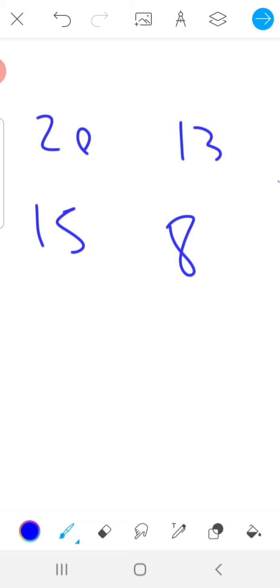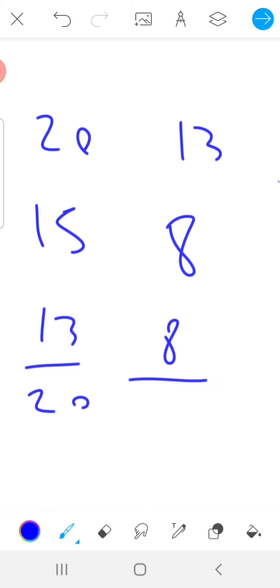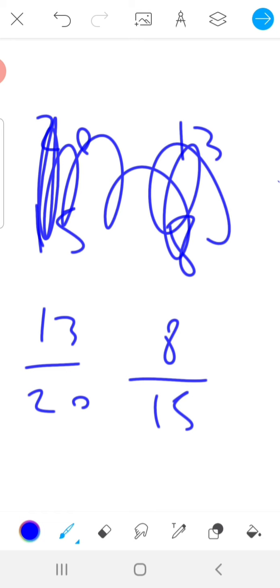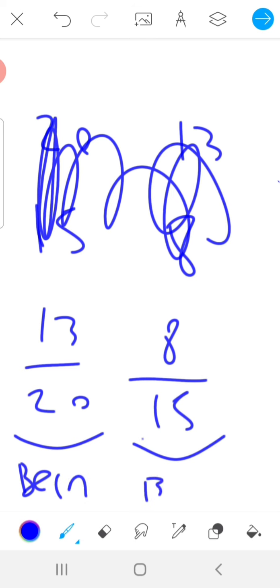And how we can get this is basically just dividing them. So we can do 13 divided by 20 and 8 divided by 15. You can just use your calculator at home and see who has a higher chance. If we say that this guy is Bern and this one is Bob, just use your calculator at home and comment down below which one you think is correct.